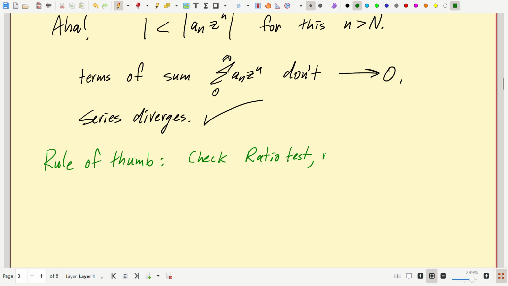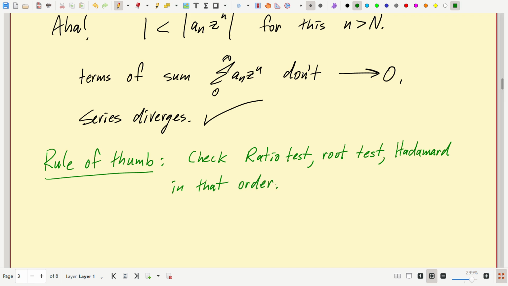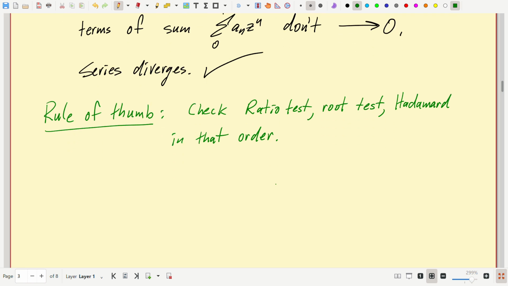Root test second. And then Hadamard, because Hadamard isn't exactly a formula that you can compute with, whereas the other ones are. In that order. And then after that, you can get desperate, like that Fibonacci thing. It's kind of a last resort thing to do.